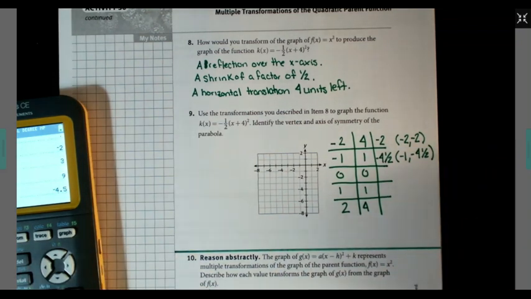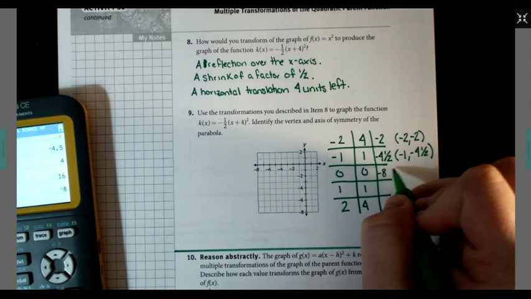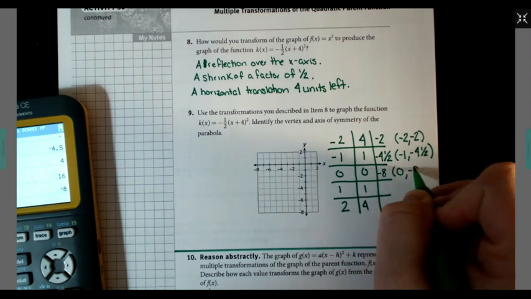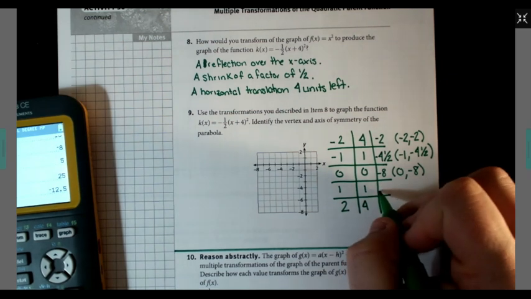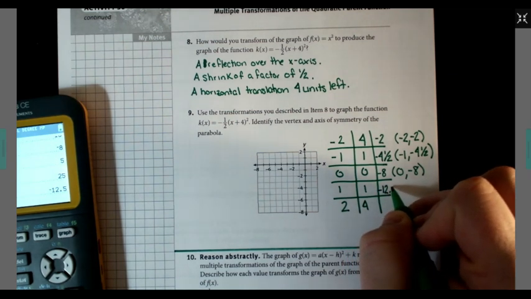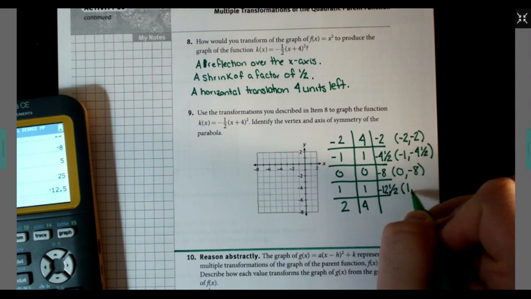We got 0 plus 4 squared times -1/2 is going to give me -8. So we got 0, -8. We're going to do 1 plus 4 squared times -1/2 gives me -12.5.